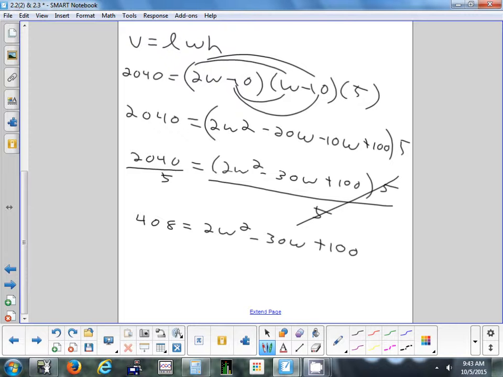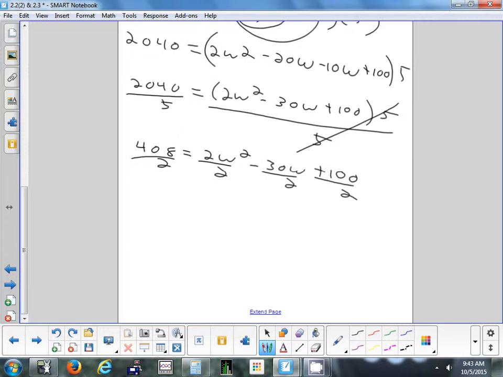Actually, somebody see something else I could divide everything by again? Yeah, you can make the numbers even a little smaller. If you're just going to plug it in, I'm not sure if it's worth doing that. So the calculator is going to give you the same answer either way. All right, so we get 204 equals w squared minus 15w plus 50.